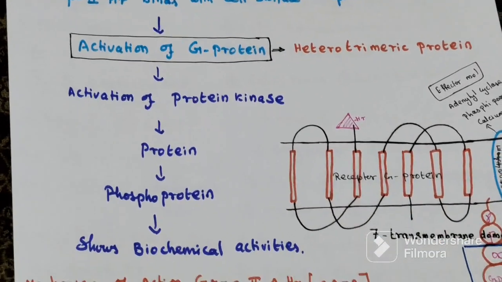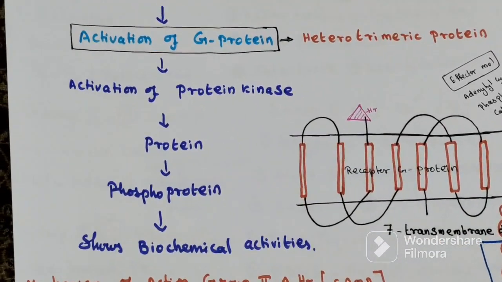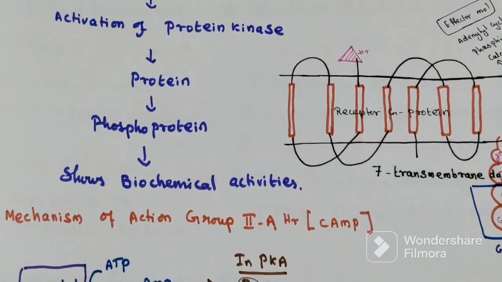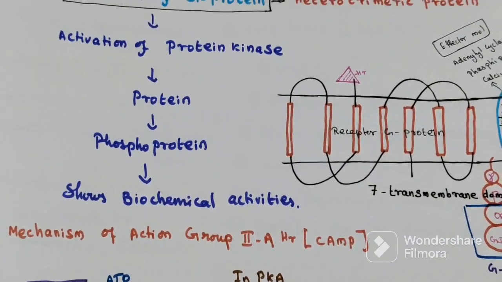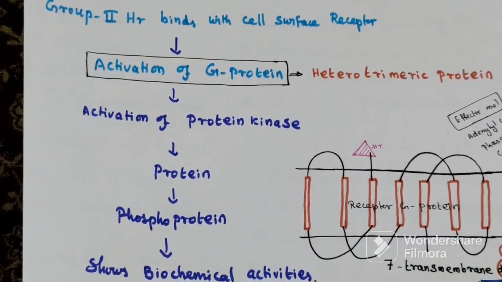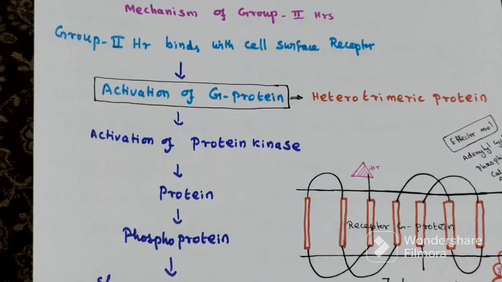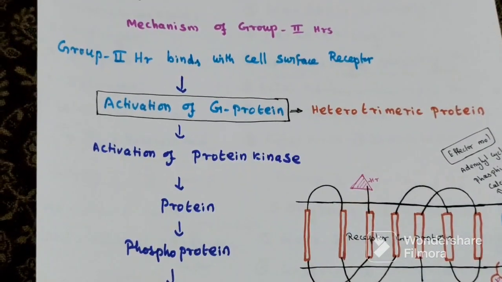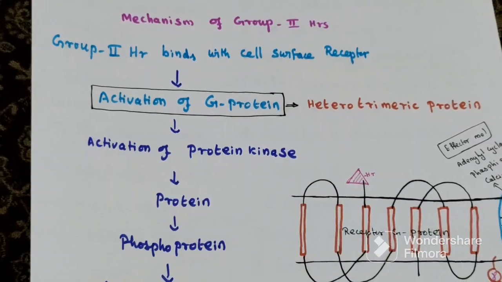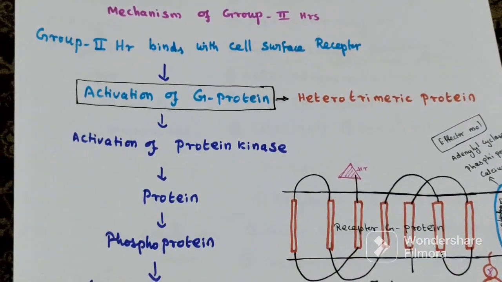Group 2 hormones, first one is A, mechanism through G protein coupled receptor. Group 2 hormones bind with the cell surface receptor. After binding, they cause activation of G protein.